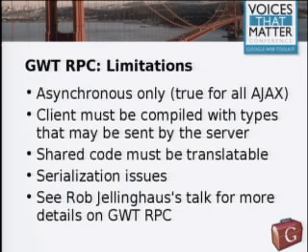Also, the client must be compiled with the types that can be sent by the server. With Java RMI, for example, you might receive subclasses in the call that you never saw at compile time. But in the case of GWT, it actually compiles everything all at once, a monolithic compile. The compiler makes assumptions based on all the types that it can be.